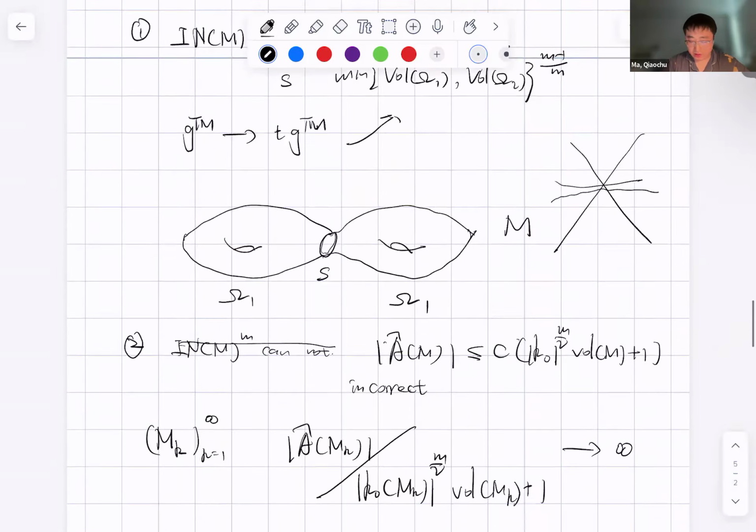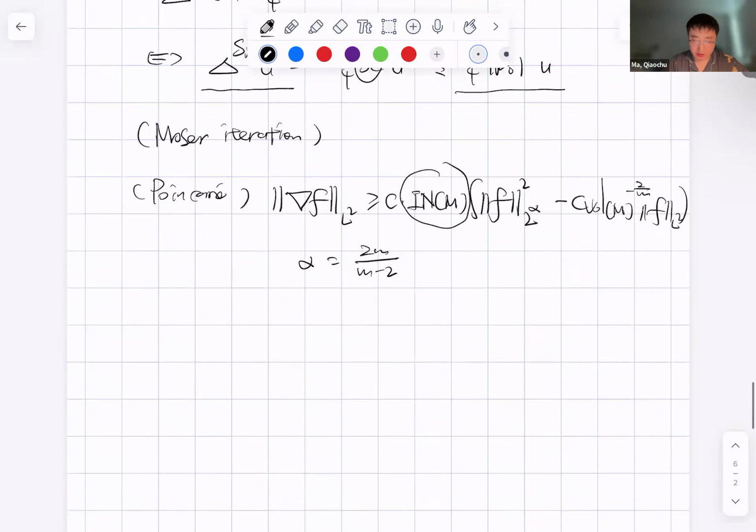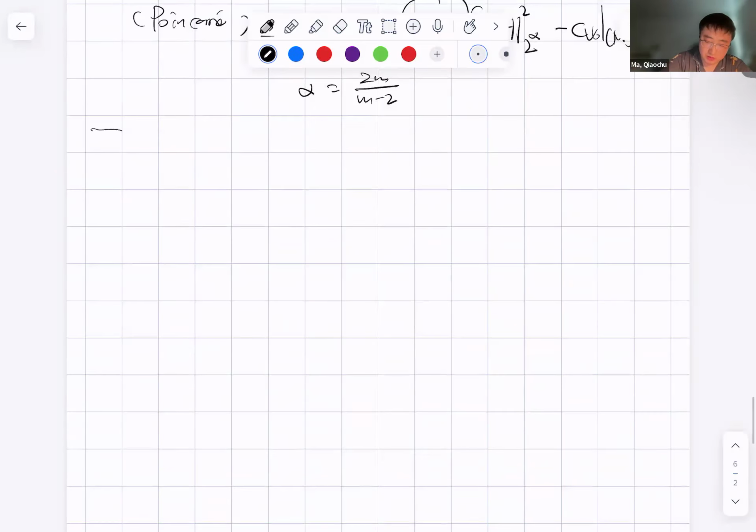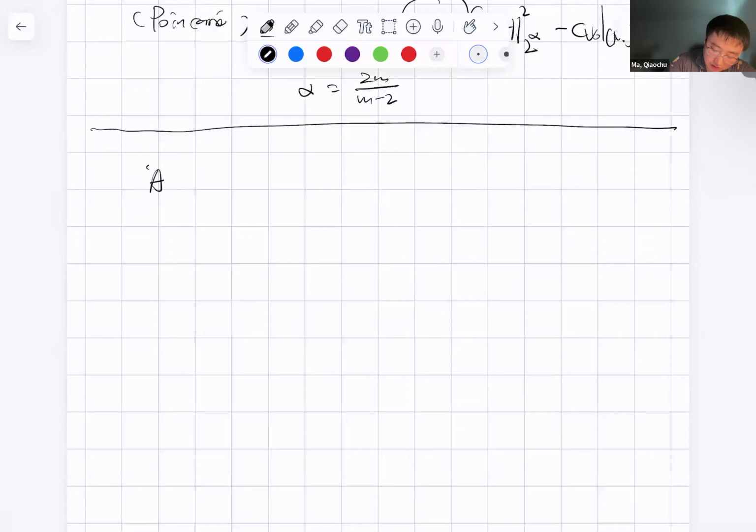Okay, the short answer is we can control it, but with a little bit more effort. Let's give a new interpretation of this A hat genus. It is actually the top part of the A hat class.